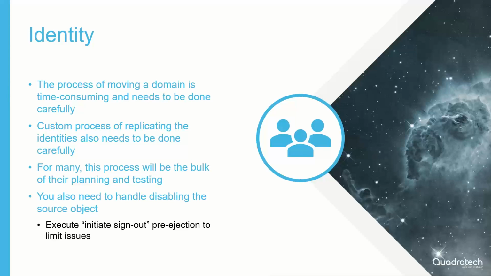In the education space, like I mentioned earlier, that may not be the case for most of your devices. A lot of this is going to be bring your own device.